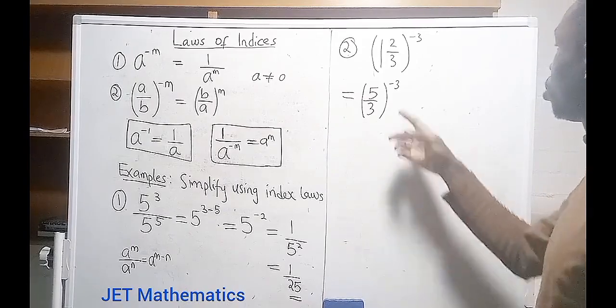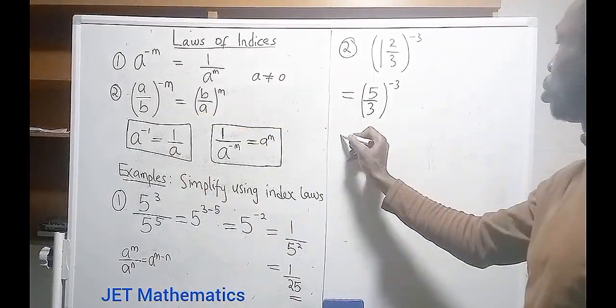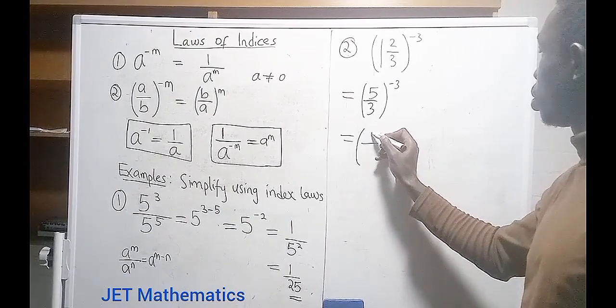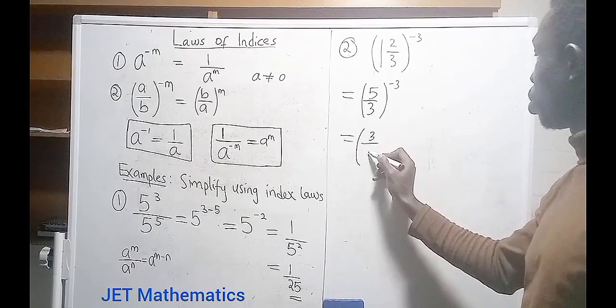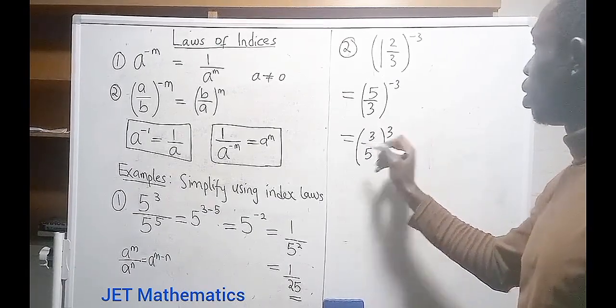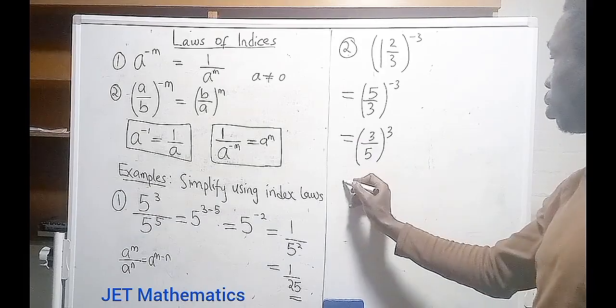Okay, so very simple. All we need to do is interchange the denominator and the numerator, so this becomes 3 over 5 raised to the power of 3, as we have in this law. Okay, so we are done.